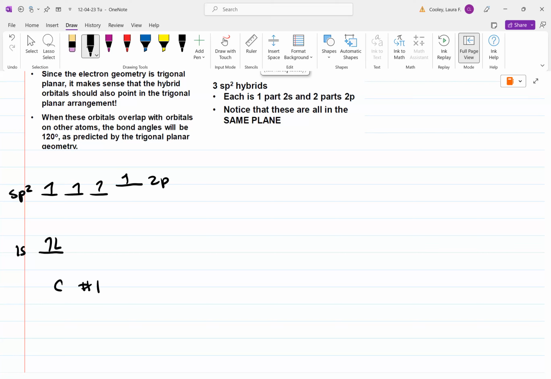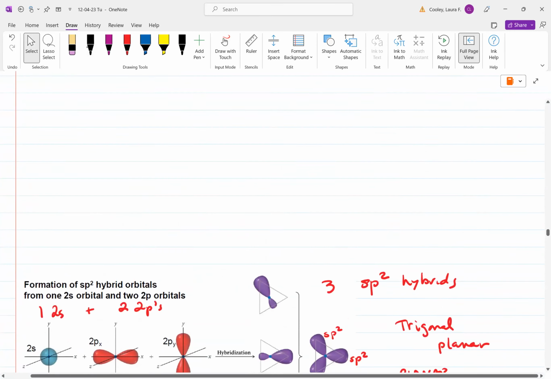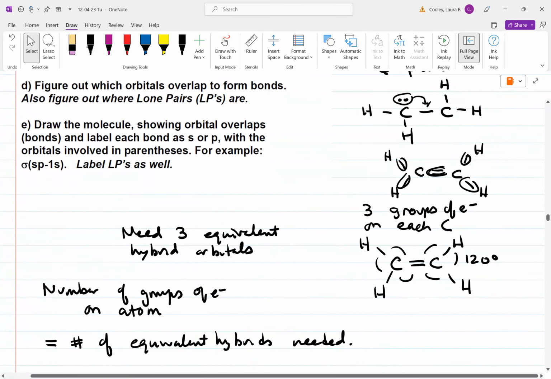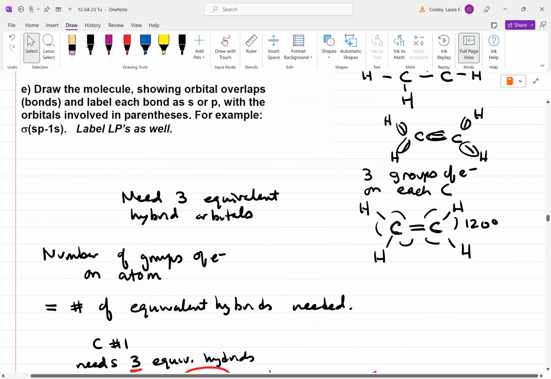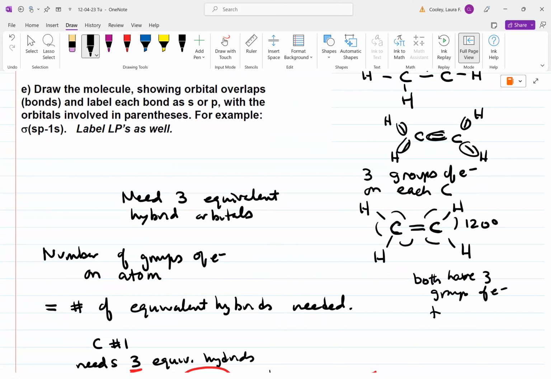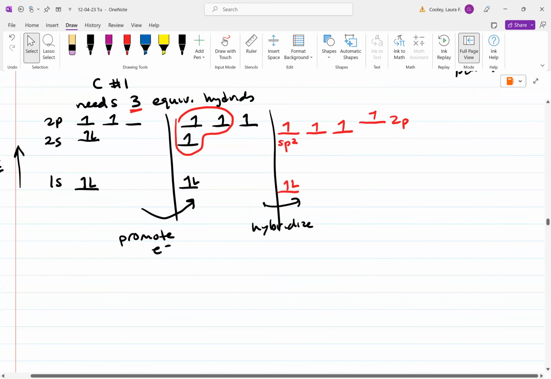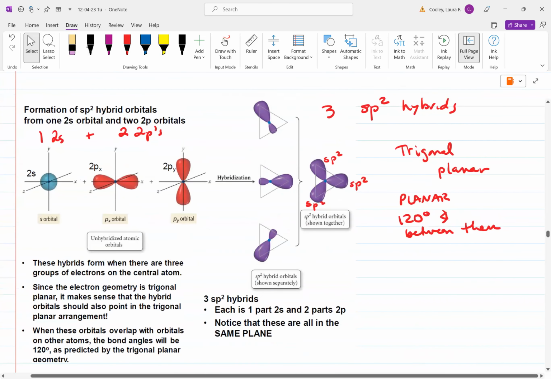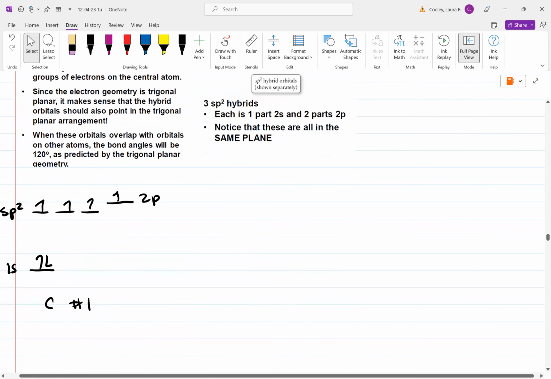The other one also has 3 groups of electrons. If we go back and look at the Lewis structure, both of these carbons have 3 groups of electrons, both trigonal planar. So carbon number 1 and carbon number 2 basically give you the same energy diagram.